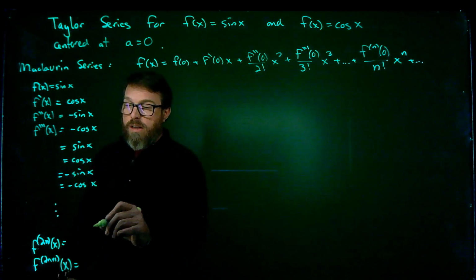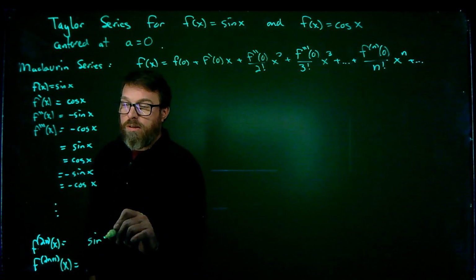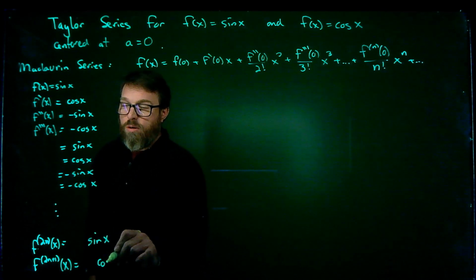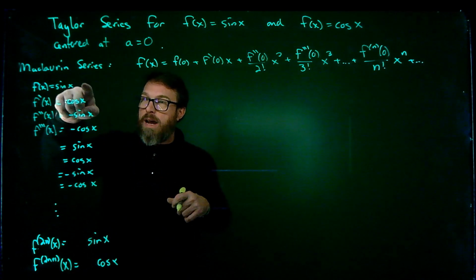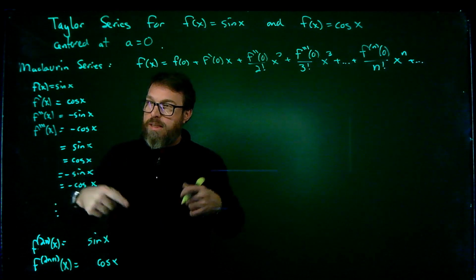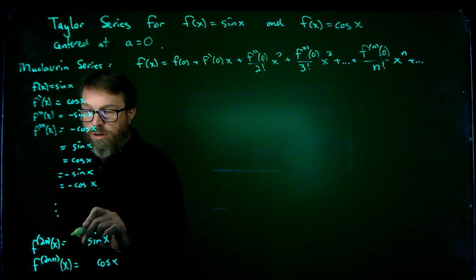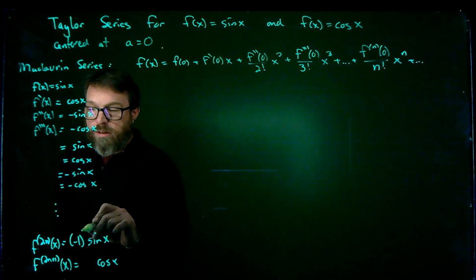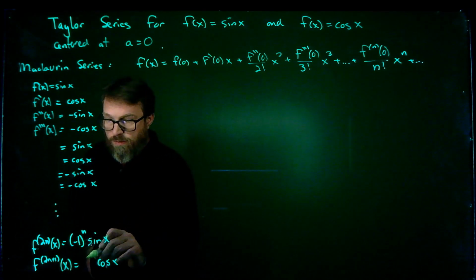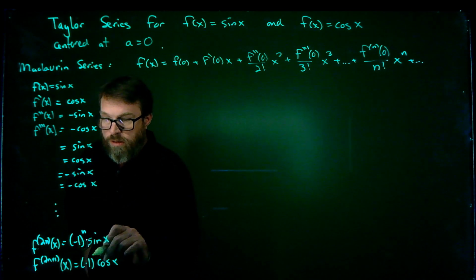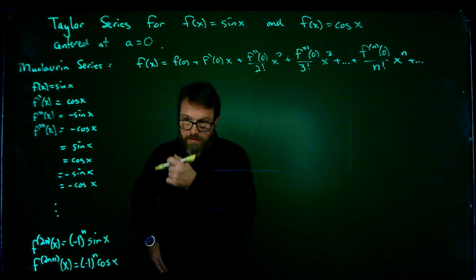The evens are going to give us sine functions, and the odds are going to give us cosine functions. Now we can also see that sine, negative sine, sine, negative sine, this is going to alternate, so this is going to have to be negative 1 to the n times the sine of x. And very similar for the cosine of x: negative 1 to the n times the cosine of x.